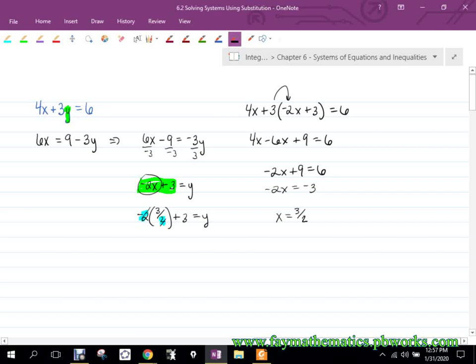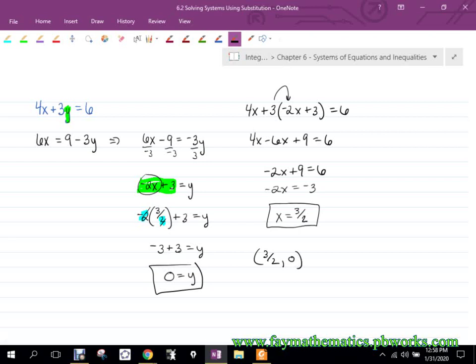They cancel. So it leaves me negative 1 times 3, which is just negative 3, plus 3 would give me my y, which is going to be 0, right? So y is 0, x is 3/2. And that's what I get for my solution. Okay. Yes?